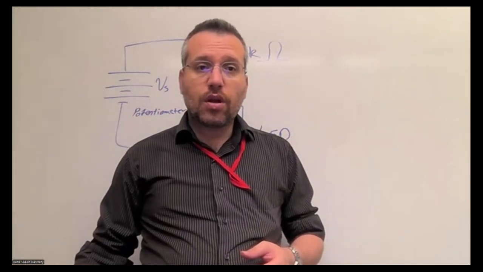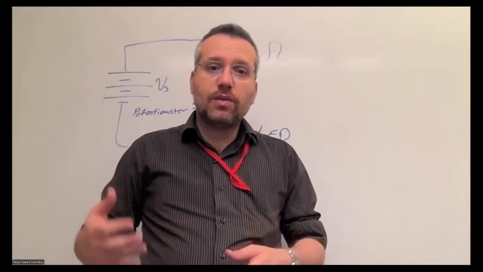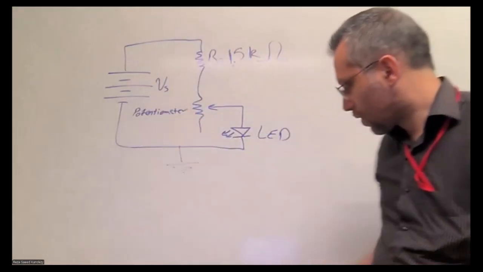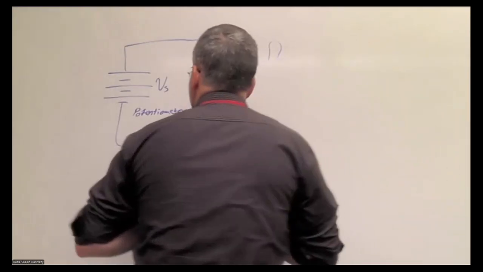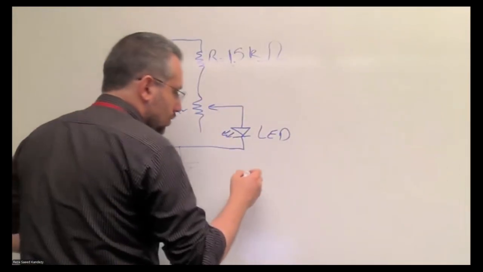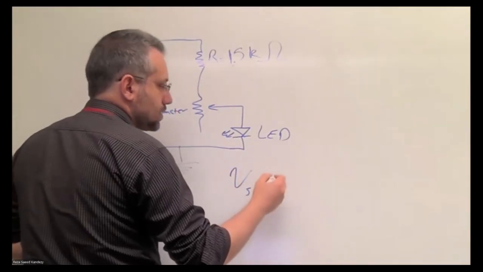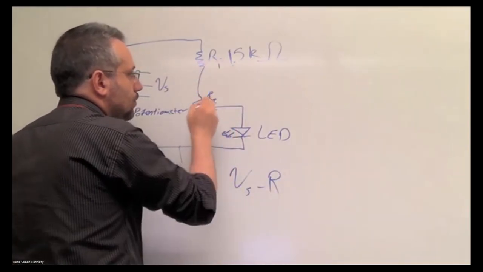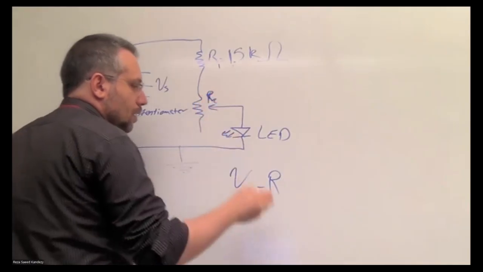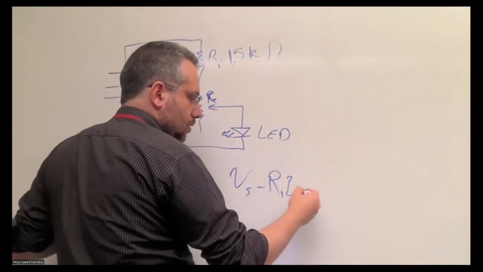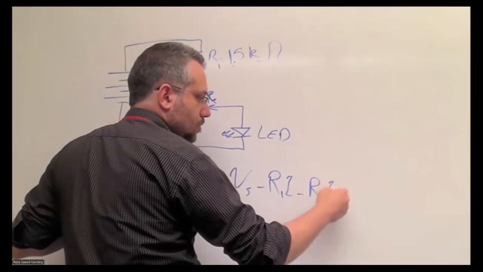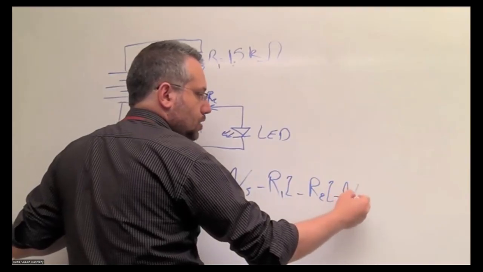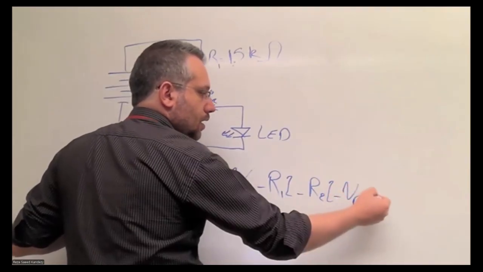Okay, so the total current through the LED is given by the formula that we had, which is a KVL. When you run a KVL, you have Vs minus R1 times current minus R2 times current, where R1 is the resistor and R2 is the potentiometer, minus the voltage across the LED, equal to 0.